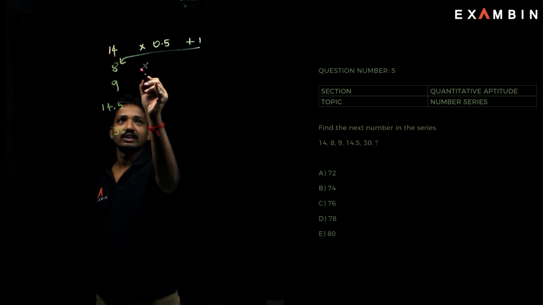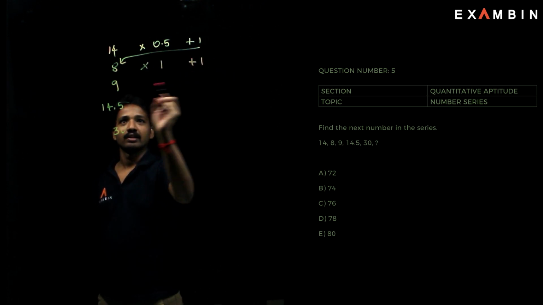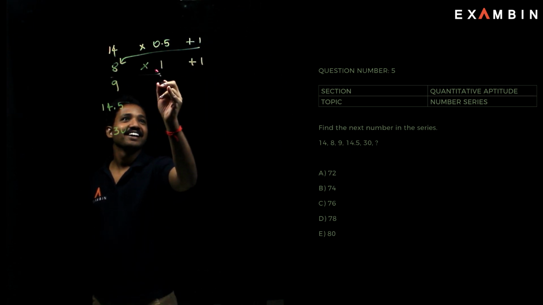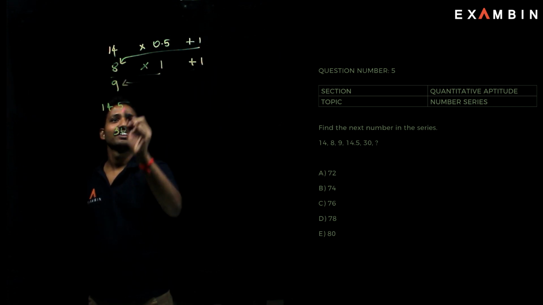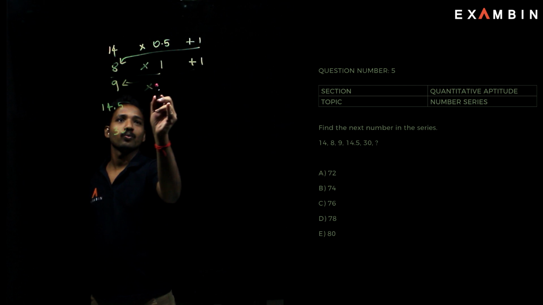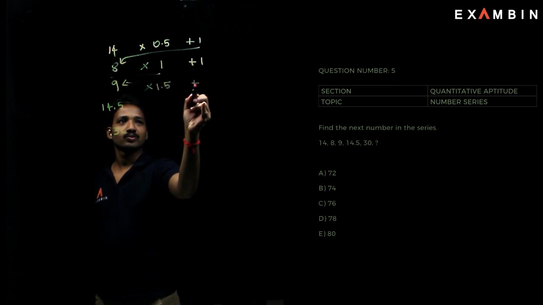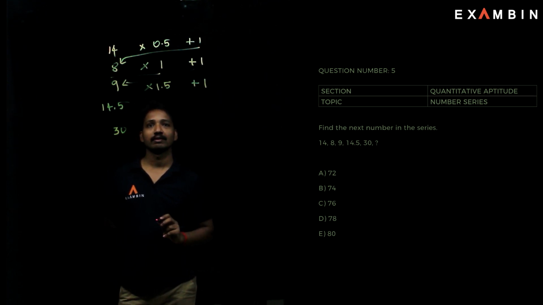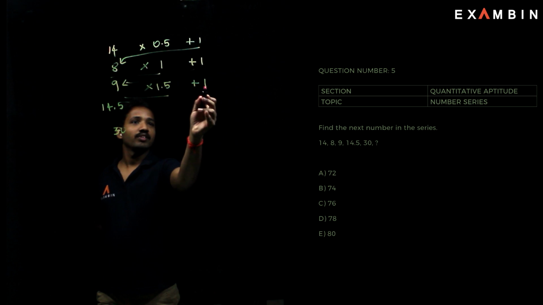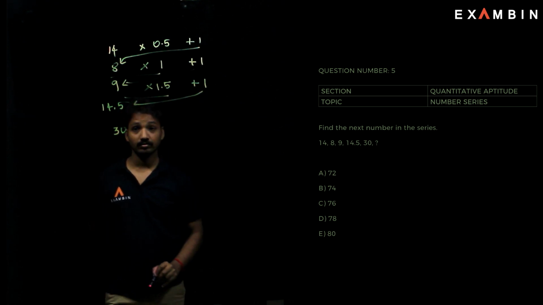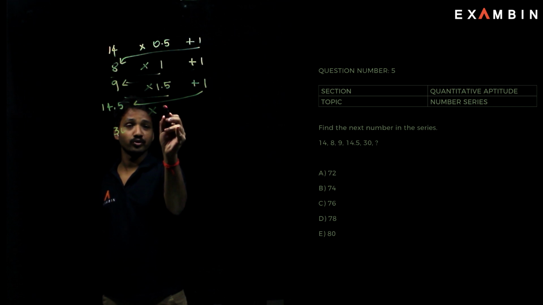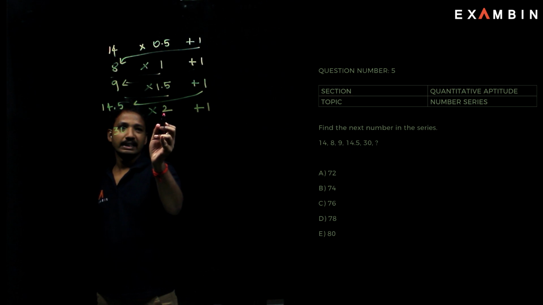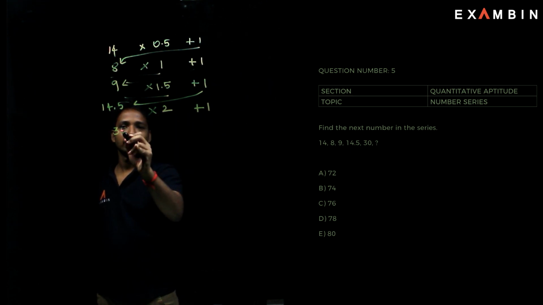So 8 into 1 plus 1, 8 into 1, 8, 8 plus 1, 9. So 9 into 1.5 plus 1, 9 into 1.5 is 9 plus 4.5, 13.5, 13.5 plus 1, 14.5. So here 14.5 into 2 plus 1, 14.5 into 2, 29, 29 plus 1, 30.